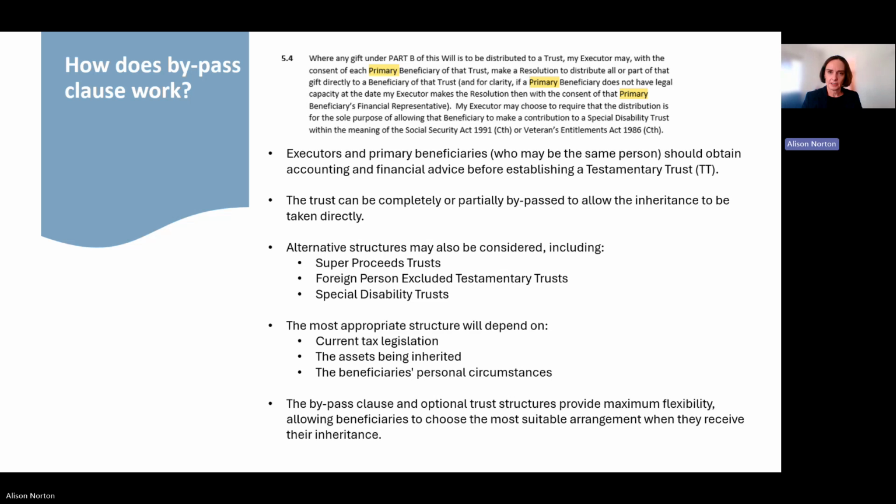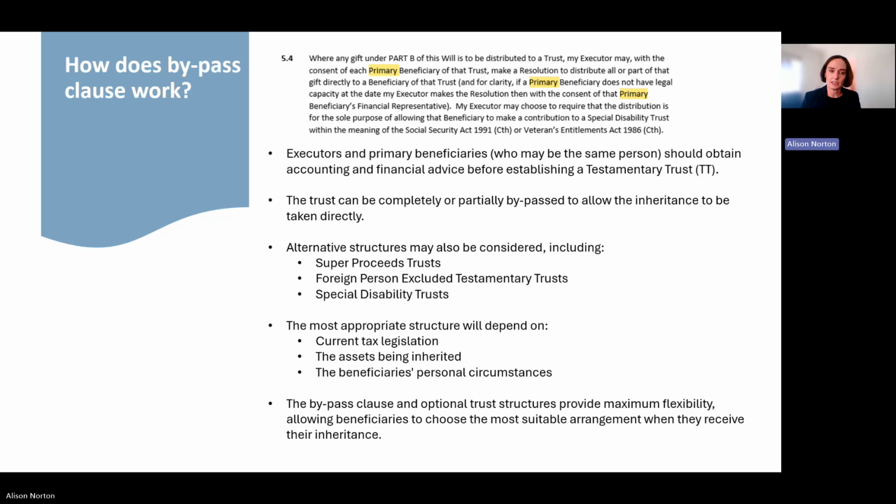The tax law might have changed. The beneficiaries will have personal circumstances. We don't know what your assets will be when you pass away. So they've got flexibility in the way that this document's drafted so that they can put all the money in, they can keep some out. They can also set up these extra trusts that we talked about, which is the super proceeds trust and the foreign person excluded trust.